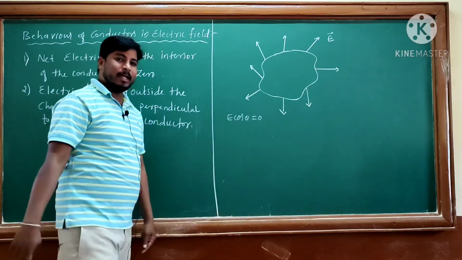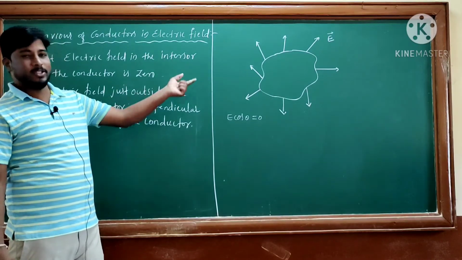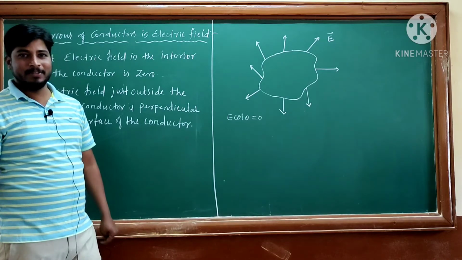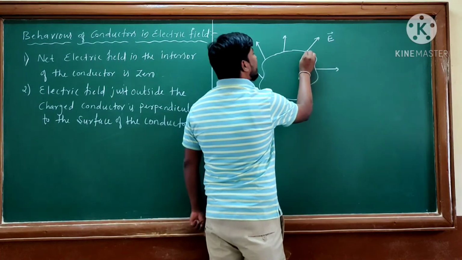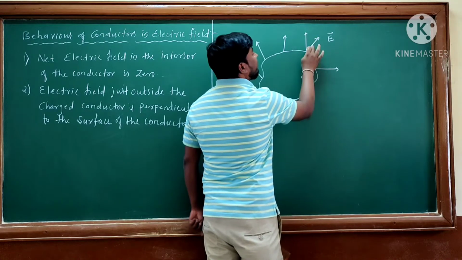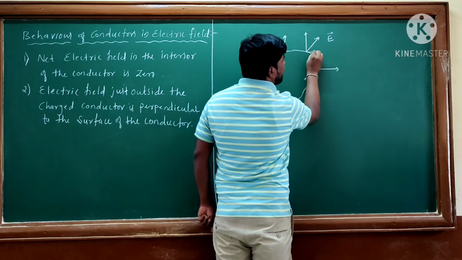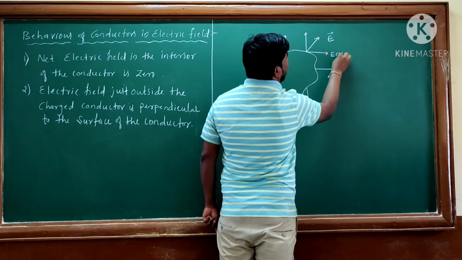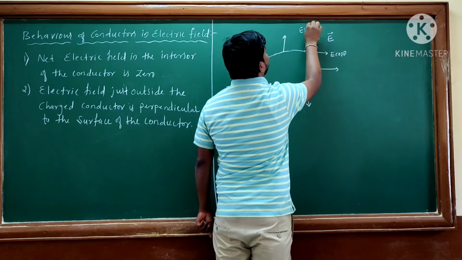Suppose the electric field is not perpendicular to the surface of the conductor. Then there must be a component of this electric field along the surface. Say it is E cos theta and E sin theta.